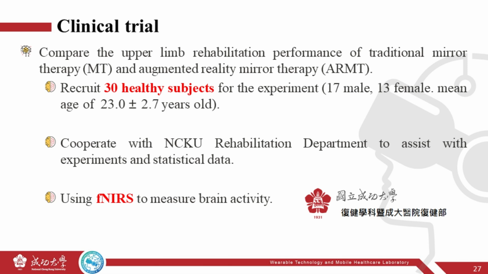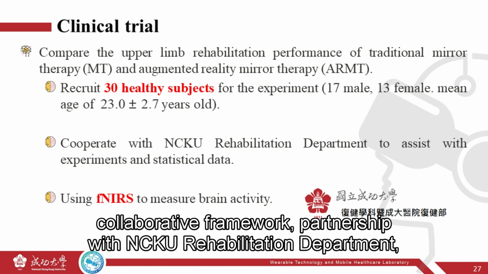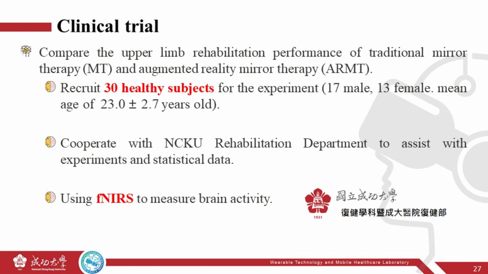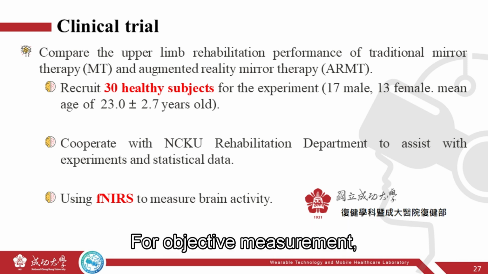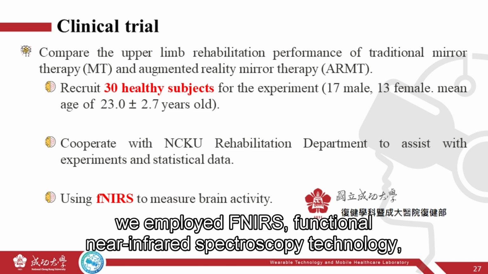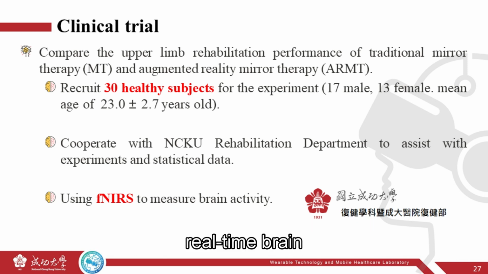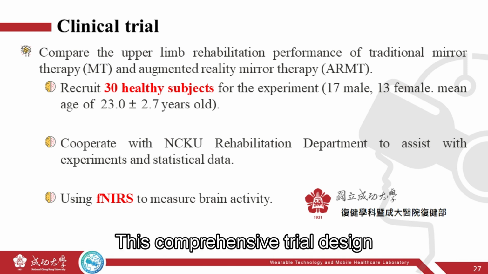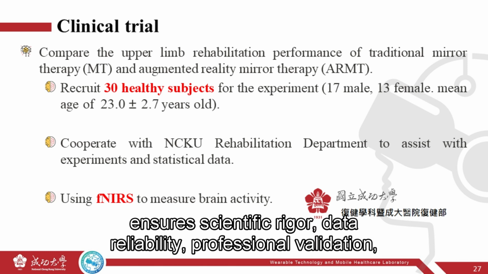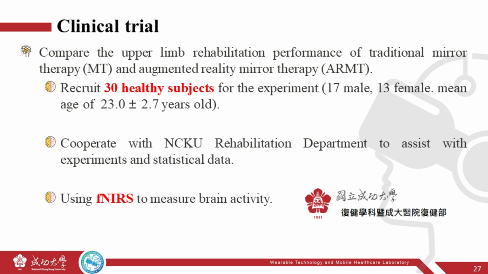We established a strong collaborative framework: partnership with NCKU Rehabilitation Department, professional oversight of experimental procedures, expert assistance with statistical analysis. For objective measurement, we employed FNIRS, functional near-infrared spectroscopy, technology: real-time brain activity monitoring, quantitative assessment of neural responses. This comprehensive trial design ensures scientific rigor, data reliability, professional validation, objective comparison of treatment methods.